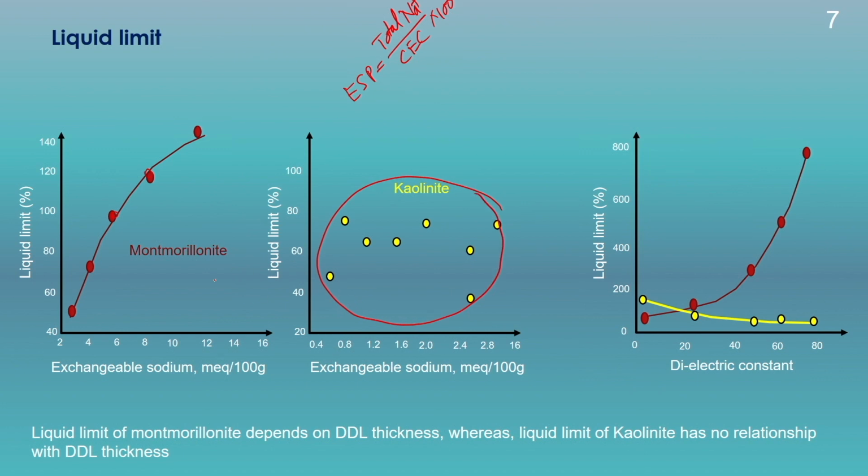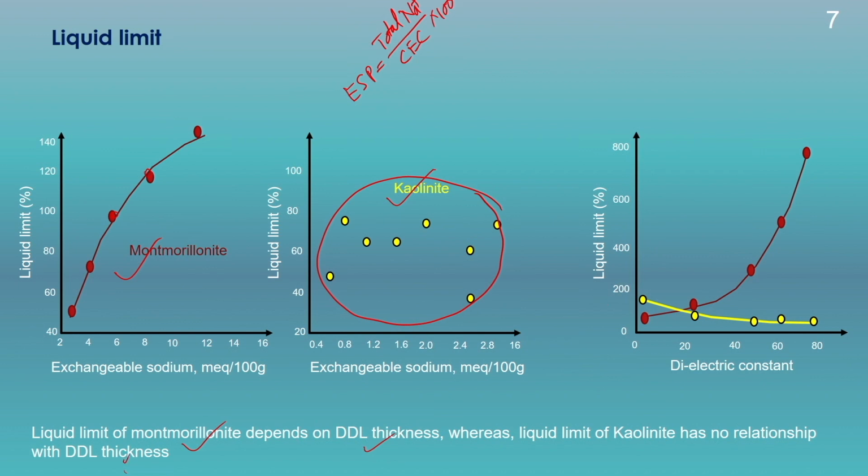The exchangeable sodium has a quite good relation for montmorillonite, but no relation exists between the liquid limit and exchangeable sodium percentage for the kaolinite mineral. So we can conclude that the liquid limit of montmorillonite depends on the diffuse double layer thickness, whereas the liquid limit of kaolinite has no relation with it.